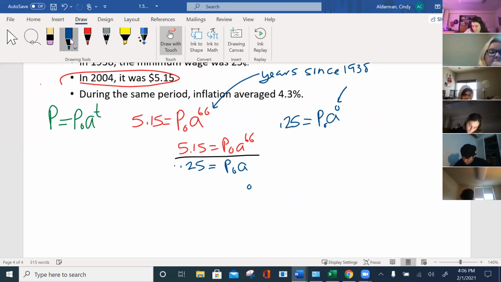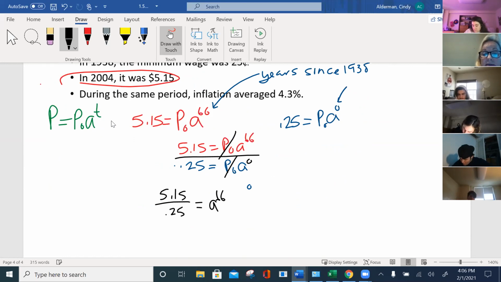So that's the same thing as just saying 5.15 divided by 0.25, these cancel out, is equal to a to the 66 minus 0 power. Which is just a to the 66th power, right?